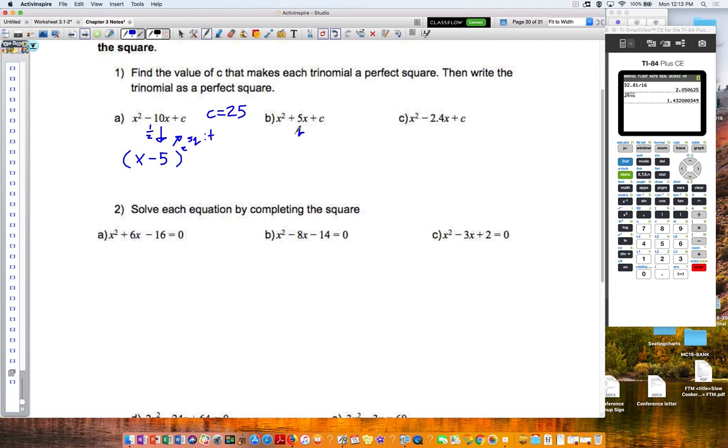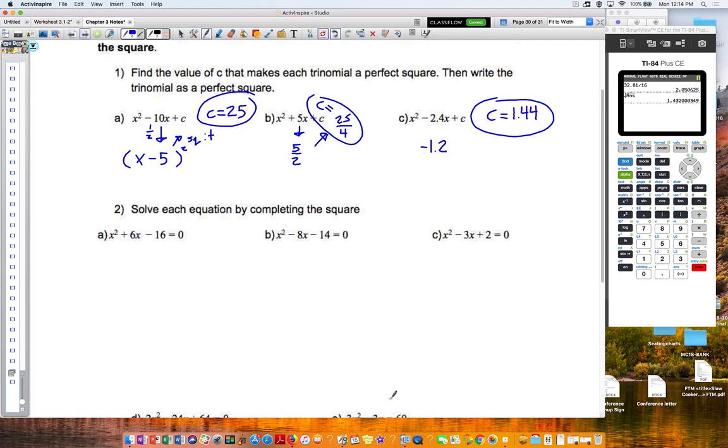So half of 5 is 5 halves. 5 halves being squared, 25 fourths. So that's what C would equal. On the last one, half is -1.2. -1.2 being squared makes C a positive 1.44. So that's all you really had to do was find the C values on these.